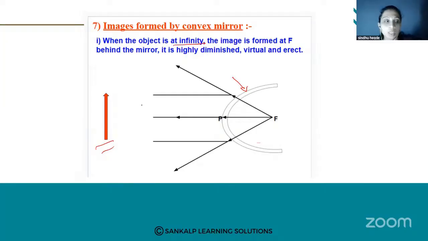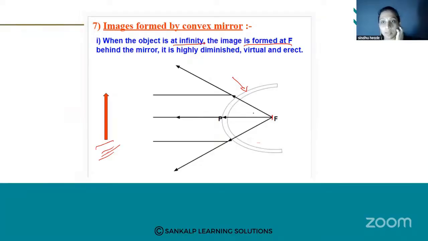This time the object is placed at infinite distance, right? Where is the image formed, and what are the characteristics of that formed image? See, the image is formed at F. Here the image is formed at the point F.